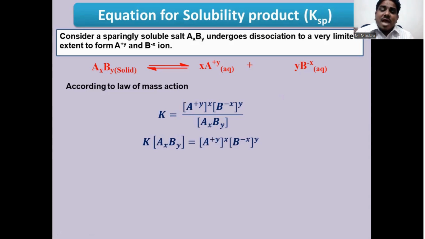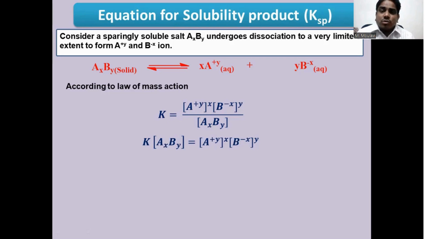So we are rearranging this equation as the equilibrium constant into the concentration of AxBy is equal to the concentration of A^y+ ion into the concentration of B^x- ion, where x and y are the powers according to the stoichiometric coefficients of the equation.